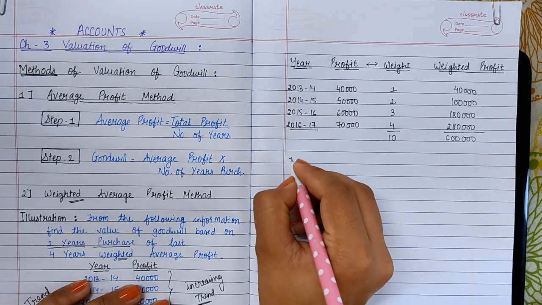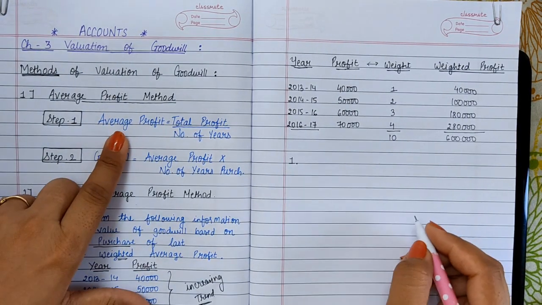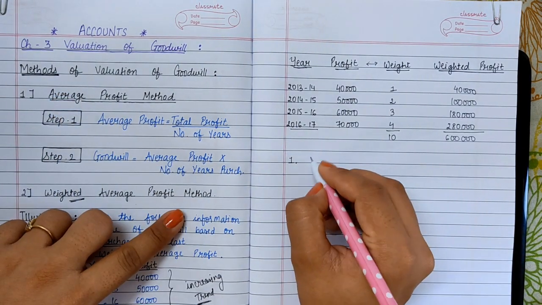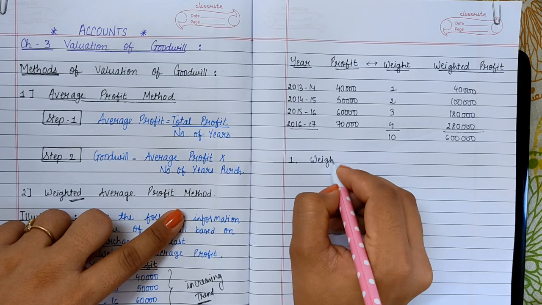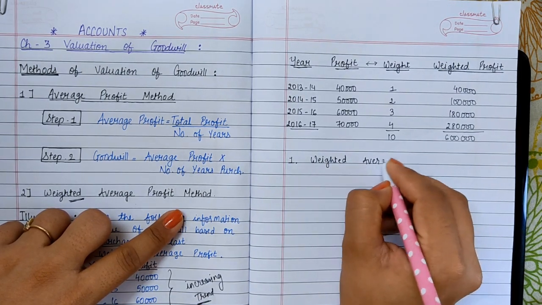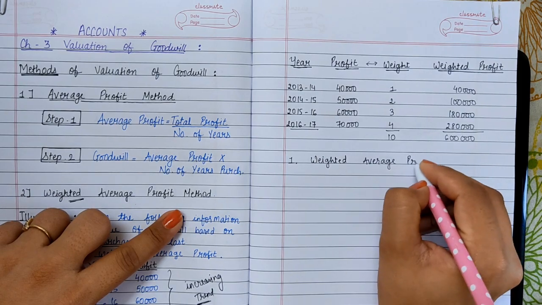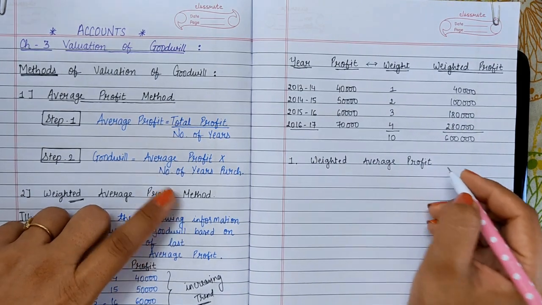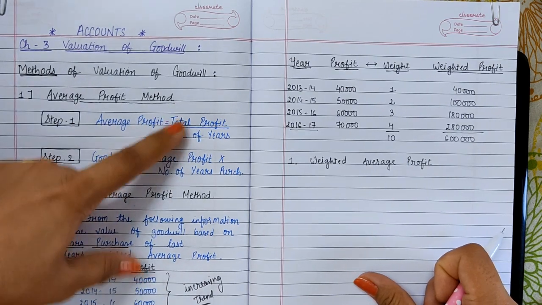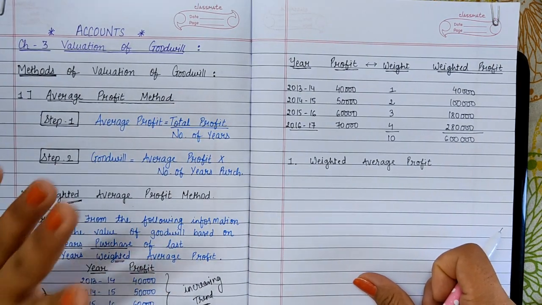Under weighted average profit method, same way, there will be two steps. The first, there we were finding average profit, here weighted average profit. Now see, in average profit method, the formula was total profit divided by number of years.